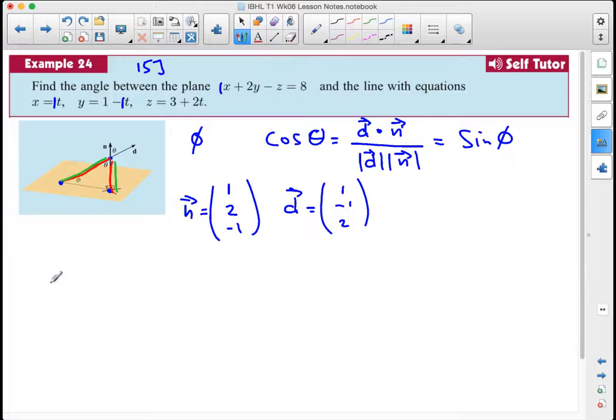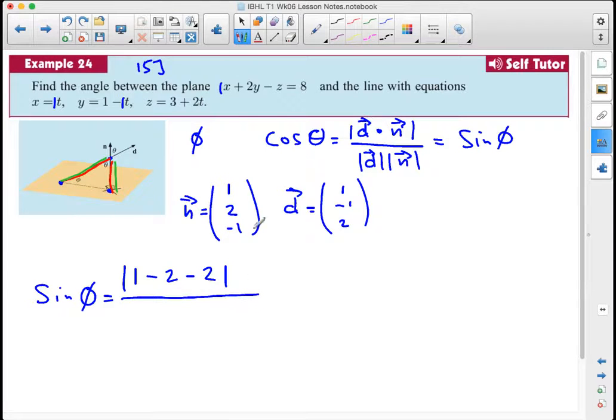So having those two, we can now say the sine of phi is the inner product. So 1 times 1 is 1, plus 2 times -1 is -2, plus -1 times 2 is again -2. But of course we need to make it a positive value, so modulus.